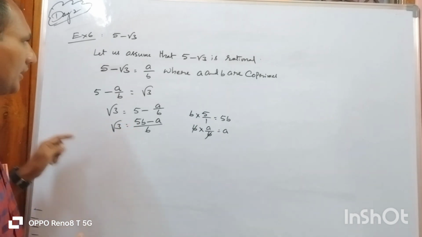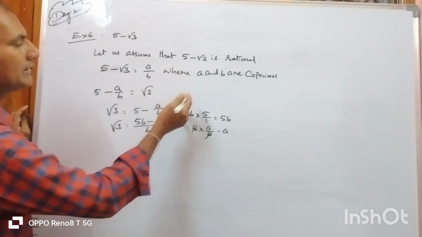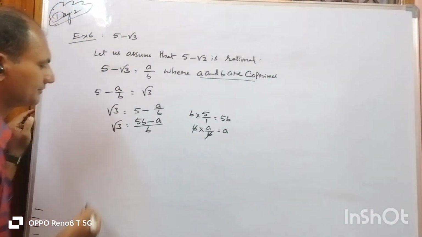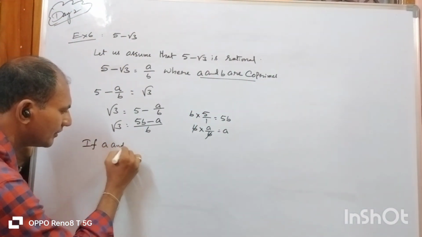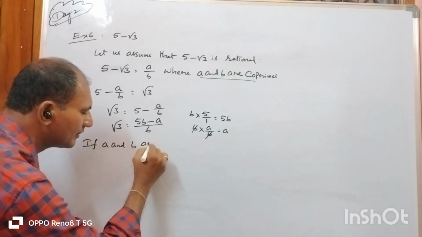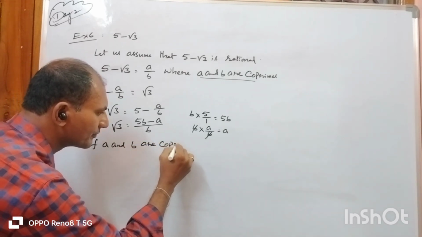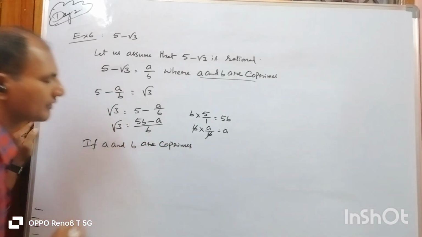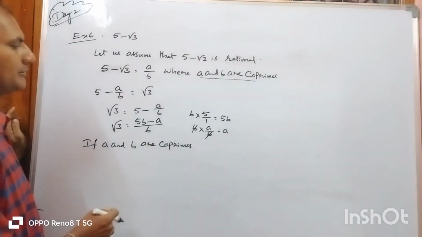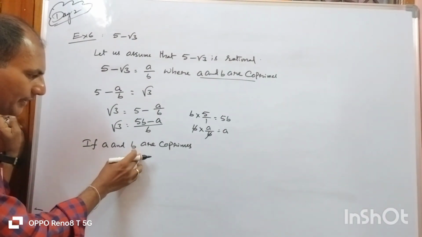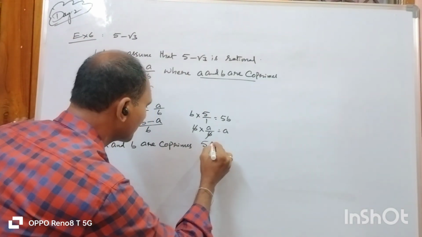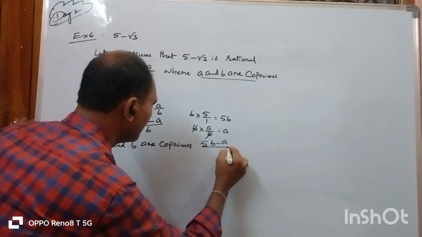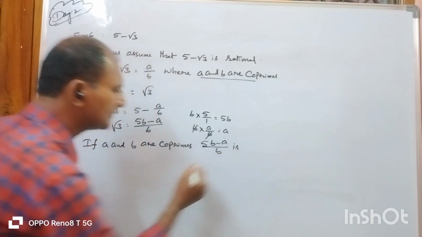See, if a and b are co-primes, then 5b minus a by b is rational.